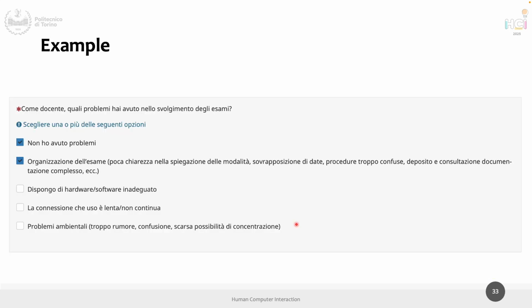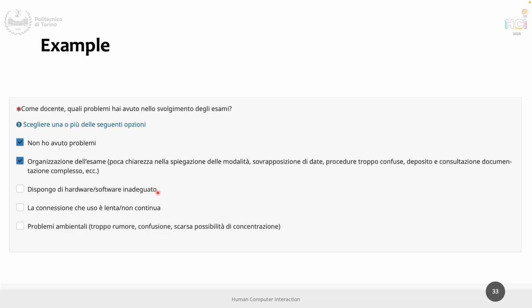And here there is an example. What's the problem here, independently? So this was an end of course questionnaire for teachers. Let's say as a teacher, which problem do you have in doing the exams? The first option was I didn't have problems, and the second option was exam organization.